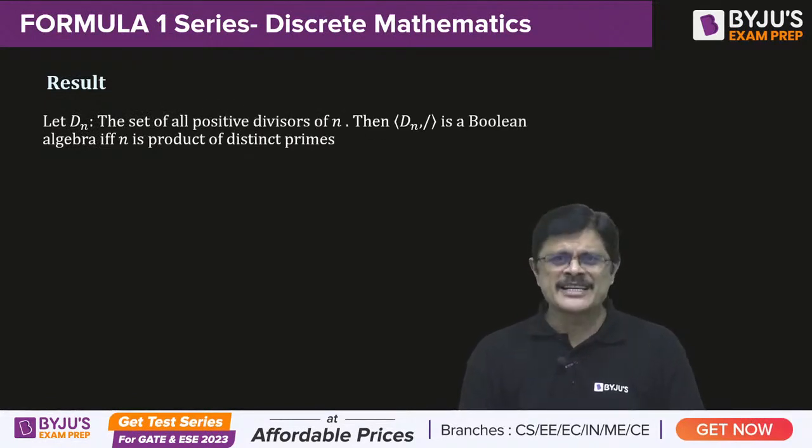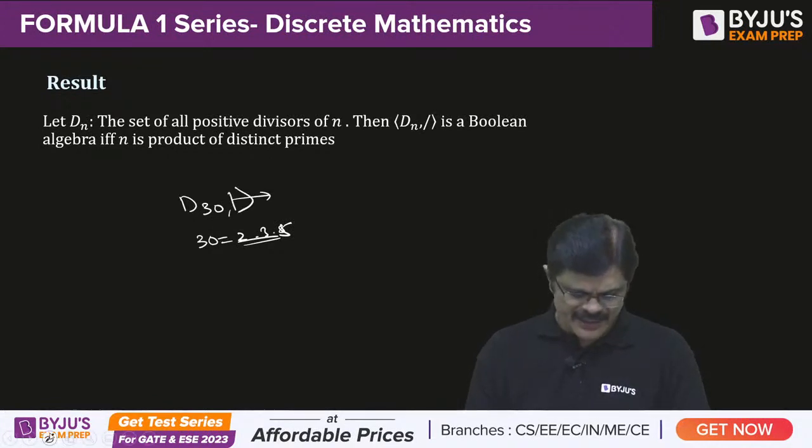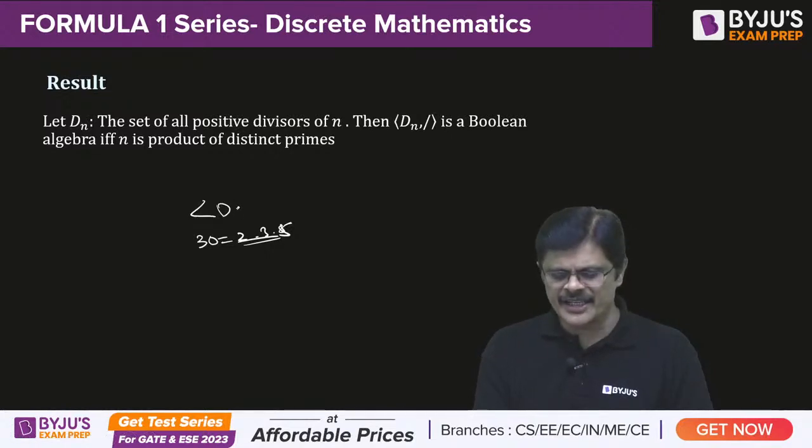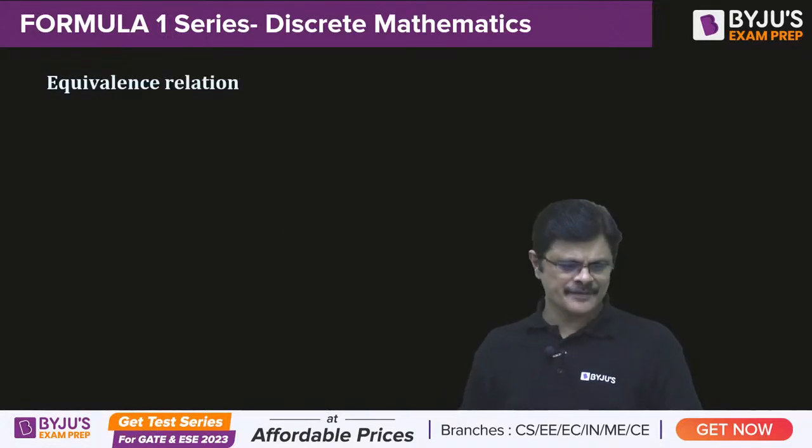And the famous example for Boolean algebra is, suppose Dn with division, if n is a product of distinct primes. For example, see D30. 30 is 2 into 3 into 5. If it is a product of distinct prime factors, then Dn with division becomes a Boolean algebra. That is, D30 with division is a Boolean algebra. And this is the condition: it should be a product of distinct prime factors.